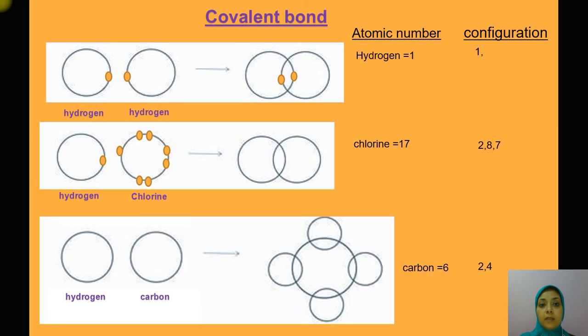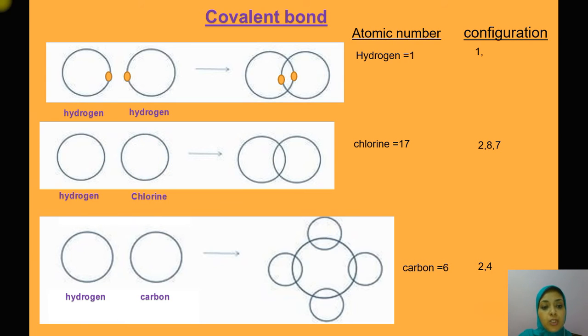How can the covalent bond form the molecule of hydrogen chloride? Okay, this is the way.